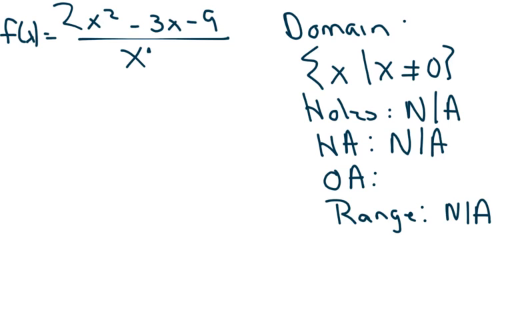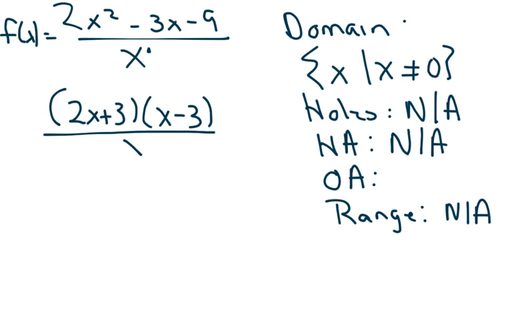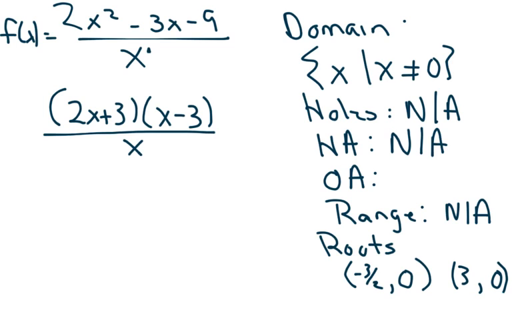So I'm going to go ahead and factor the numerator. And I'm going to get 2x plus 3 times x minus 3 over x. And when I do that, I notice that my roots are going to be when y is 0, x is negative 3/2, and also when y is 0, x is 3.